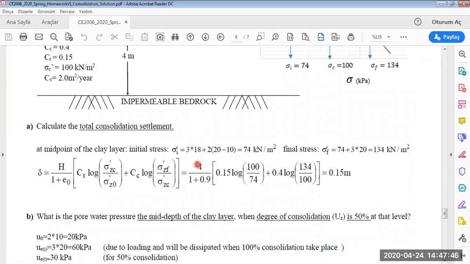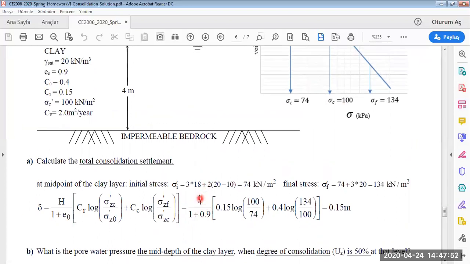This is the height of the clay layer. Please be careful about this. Don't confuse. You will write the height of the compressible layer. It means you are going to write the height of the clay layer. The initial void ratio is given here, and these are the coefficients.